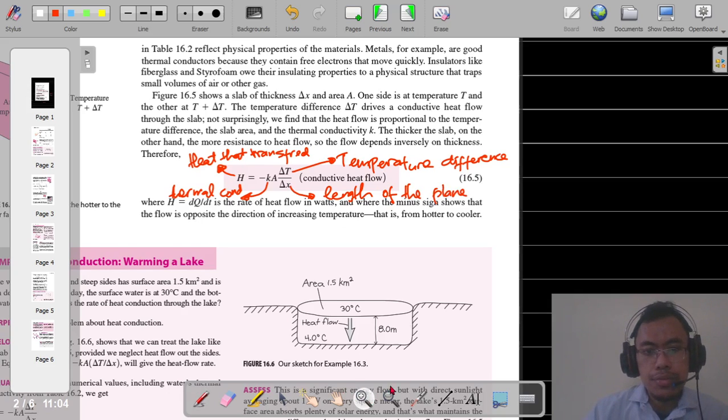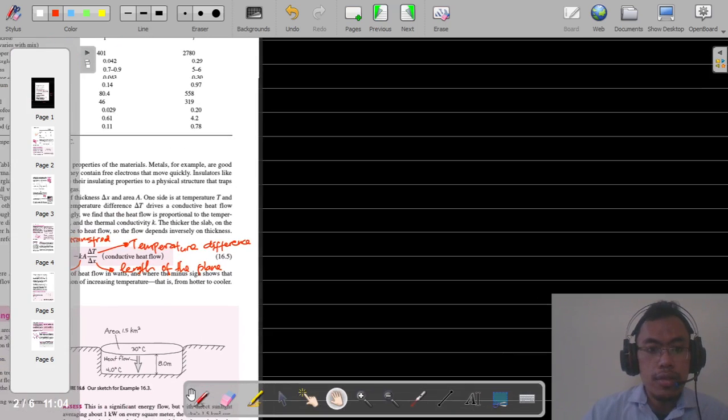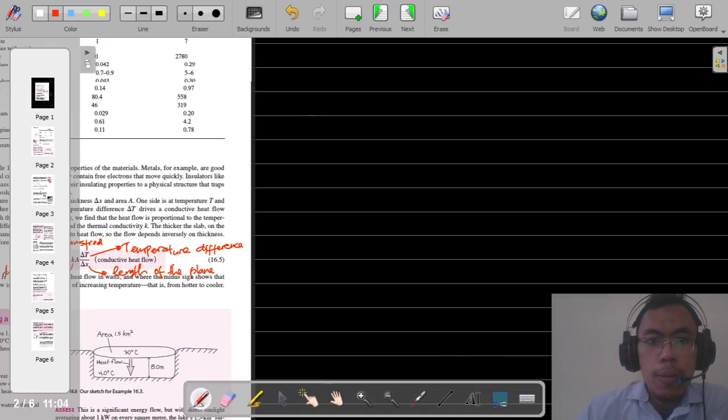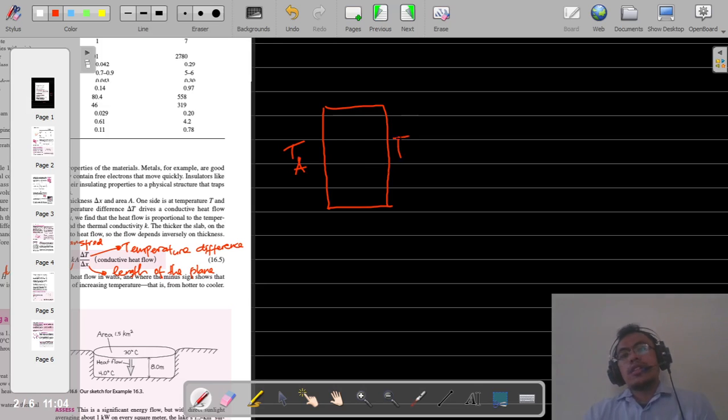Let's say I have a plane here, and at this point on the left the temperature is, let's say, TA, and at this point on the right the temperature is TB.